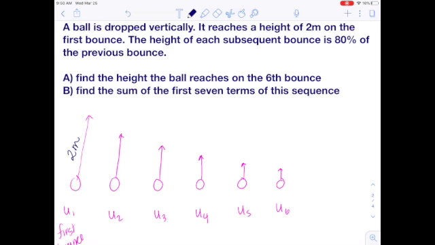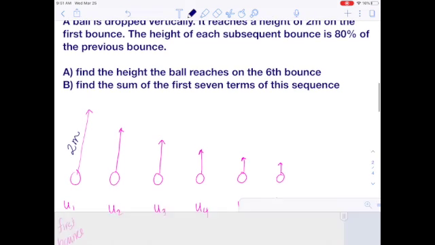And then the height of each subsequent bounce, it's not going to bounce up always to 2 meters because we have gravity that will not let it rise as much. So the height of each subsequent bounce is 80% of the previous bounce.